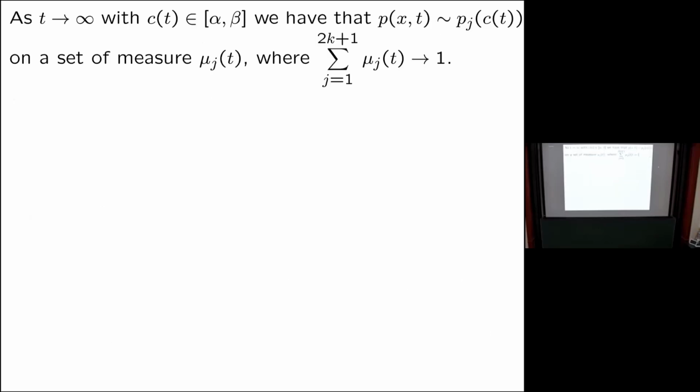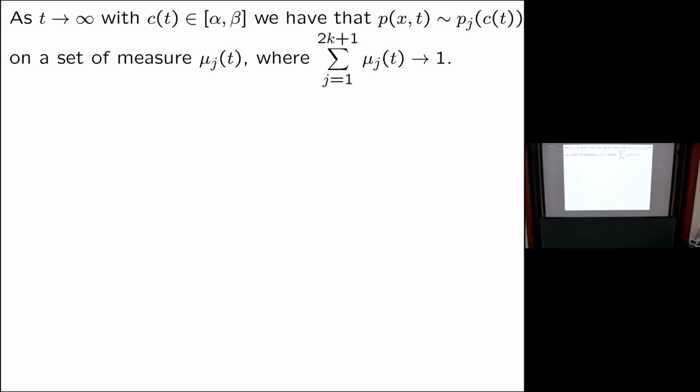And also as T goes to infinity, we've already remarked that P of X and T is like Pj of C of T. So that's the jth root corresponding to the value C of T on a set of measure mu j of T, and the sum of those measures tends to 1 as T goes to infinity.